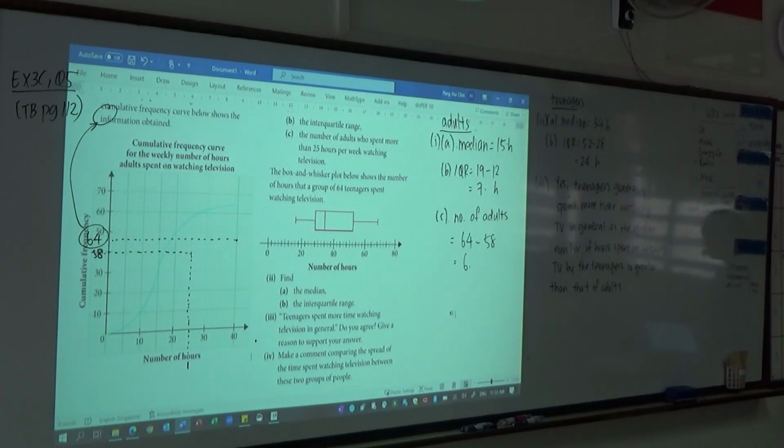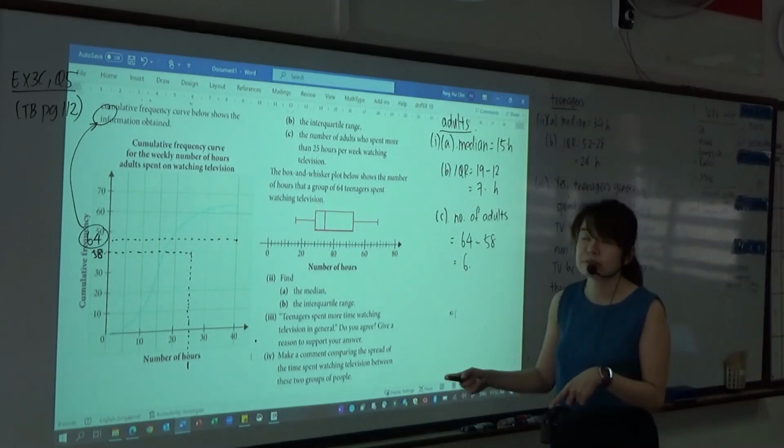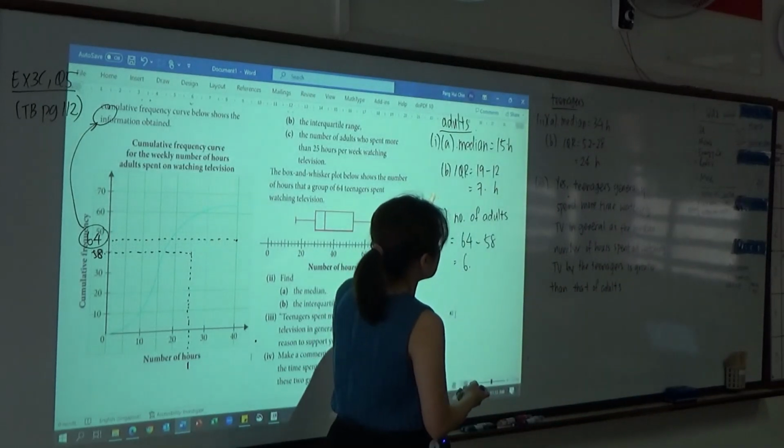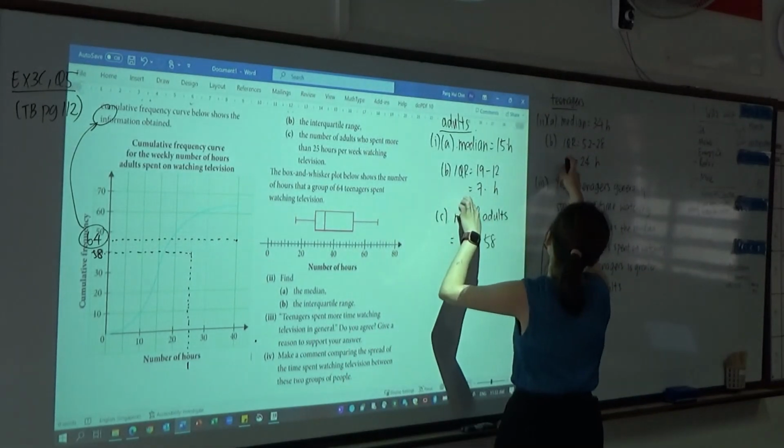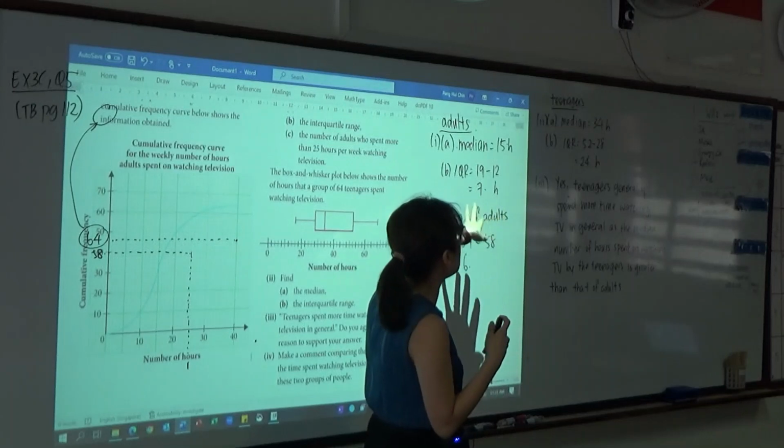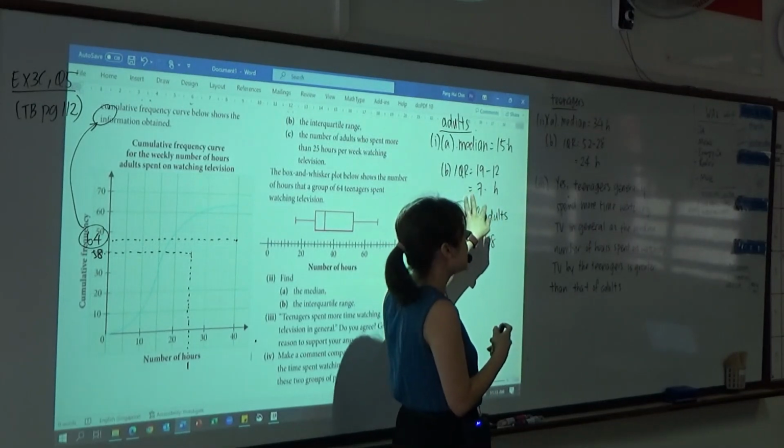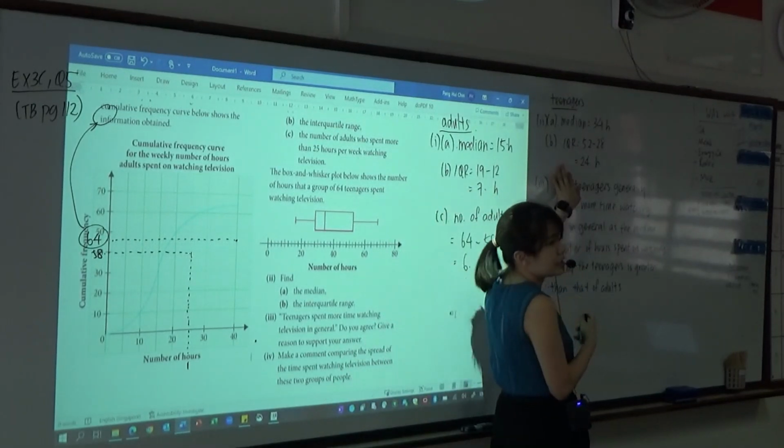Next we look at part 4. It says to make a comment comparing the spread of the time spent watching television between these two groups of people. Because we're looking at spread, we should be comparing our interquartile range. We find that the interquartile range for adults is smaller than that of the teenagers.